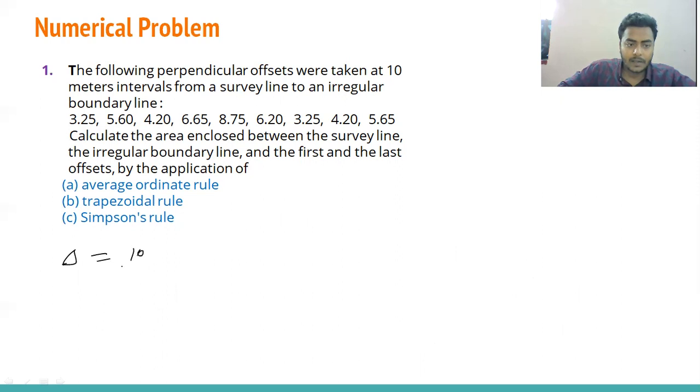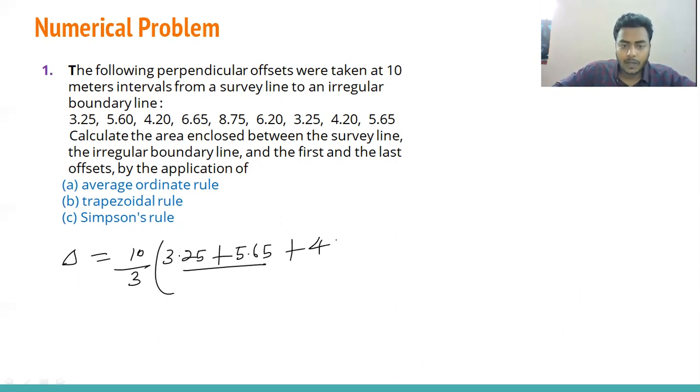D we have 10 meter, divided by 3, into first ordinate 3.25 plus last ordinate 5.65. Then 4 into the summation of odd ordinates. Apart from the first one, the odd ones are O1, O3, O5, O7.